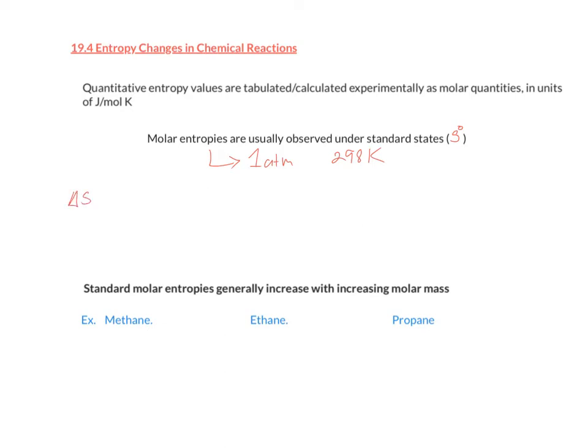Now we only care about delta S because it's a state function just like enthalpy, delta H. So we can find delta S here by using that old summation equation.